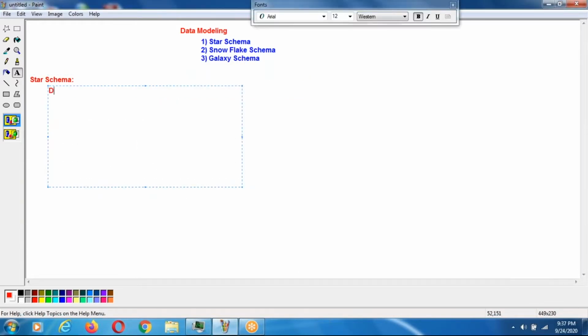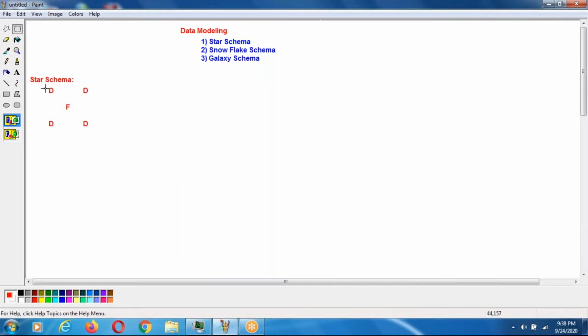so maybe it looks something like this. Set of dimension tables and a fact table.